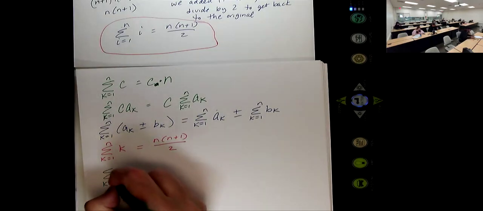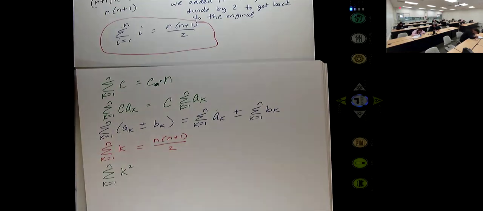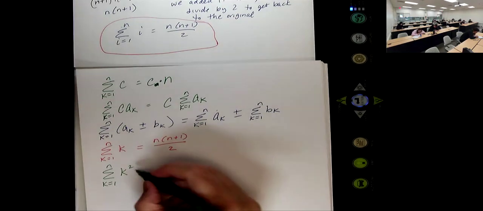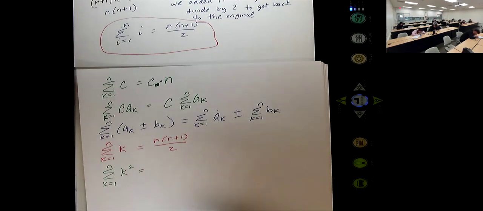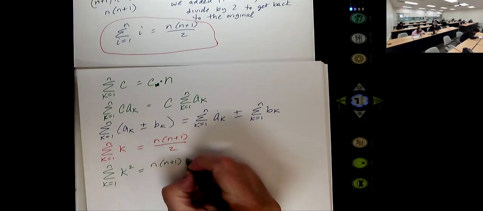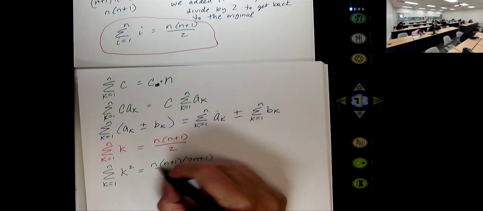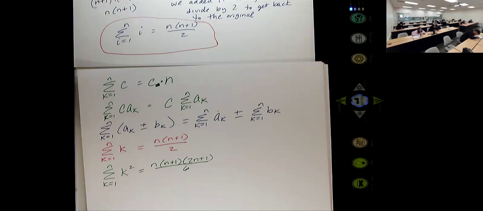K equals 1 to N of K squared. I can't imagine deriving this as any fun. I haven't tried it. It's N times N plus 1 times 2N plus 1 over 6.